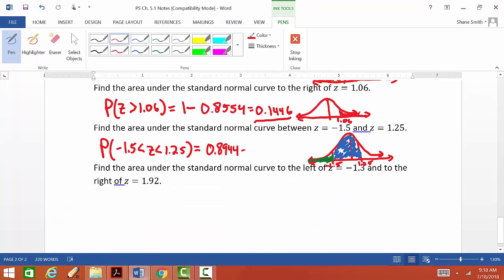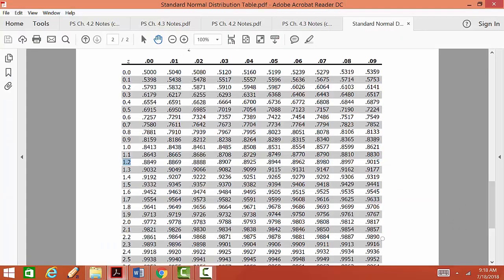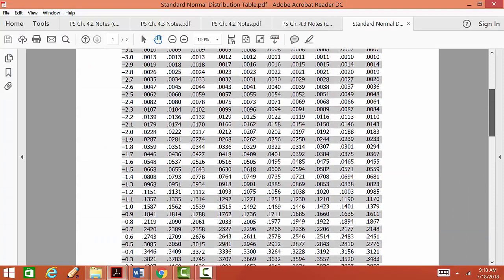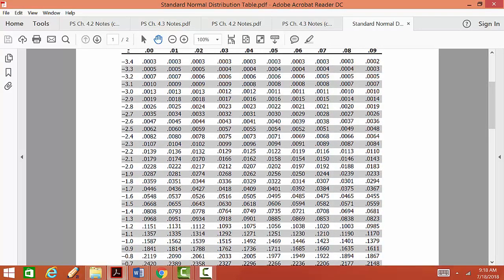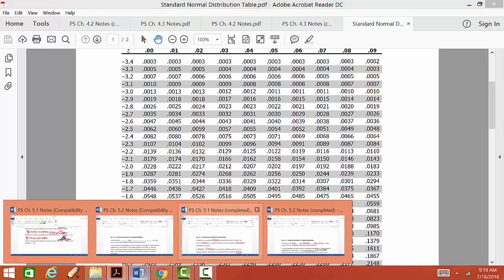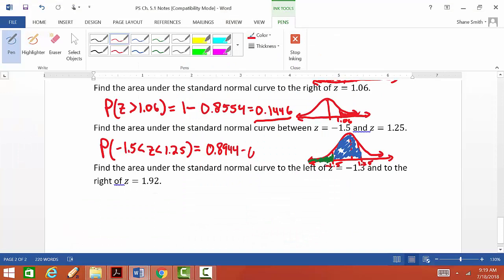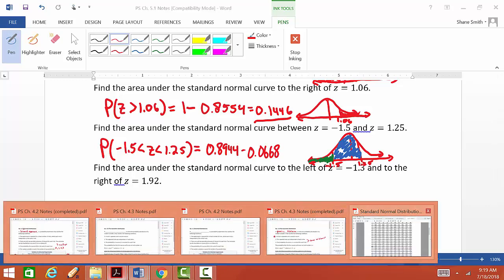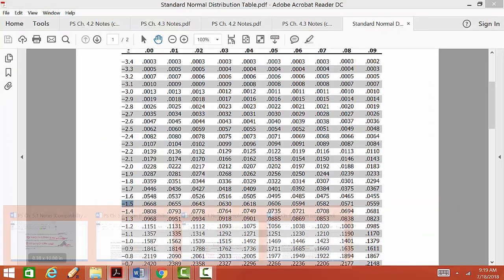And I'm going to subtract negative 1.5. So negative, that's over here, negative 1.5. And it was just negative 1.5, so that's versus 0.0668. Yeah, 0.0668.